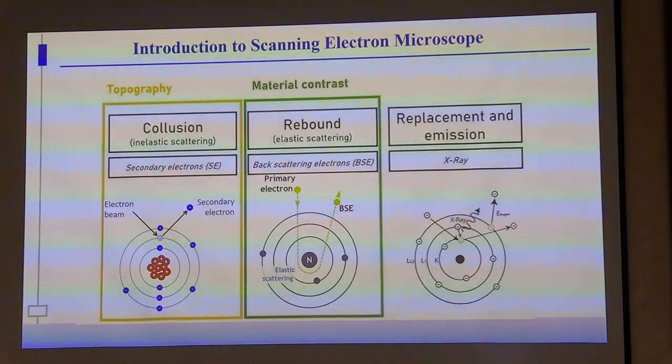These secondary electrons are used for topography of your sample. To get material contrast, we use backscattered electrons; in this case, the primary electrons simply go through the atoms and come back the same way, with no collision or interaction with other electrons. Third, we have X-rays: whenever an electron hits an atom, it can create another electron plus some X-rays.